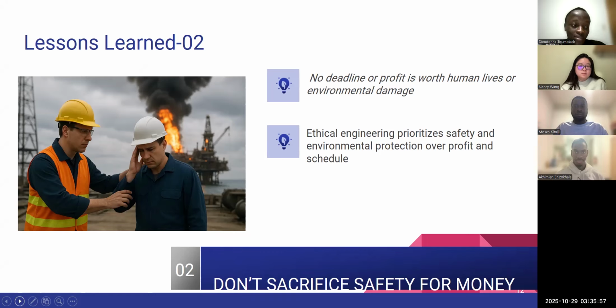For example, they used six centralizers instead of 21, and they skipped a lot of circulation tests, which eventually led to the disaster. So ethical engineering prioritizes safety and environmental protection over profit and schedule. And this is one of the lessons that we as ethical engineers should practice: not to sacrifice safety for money.